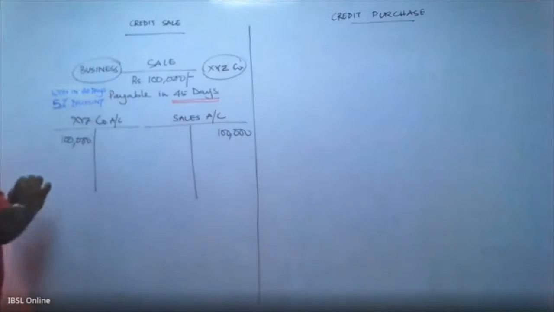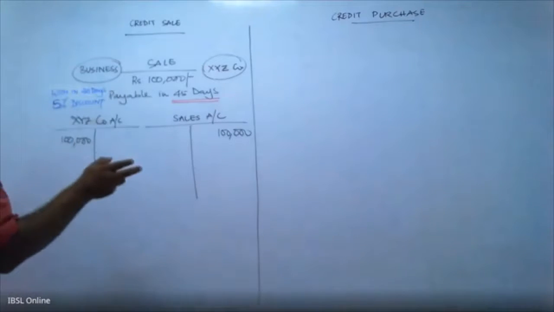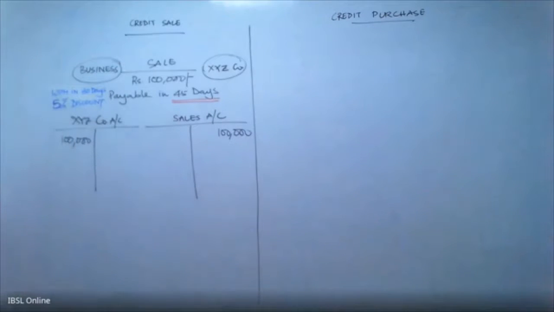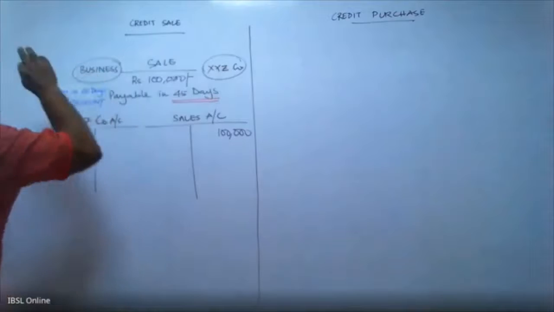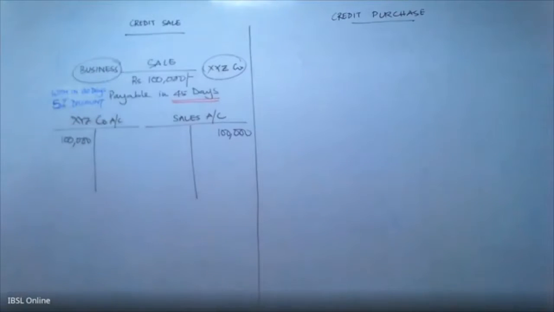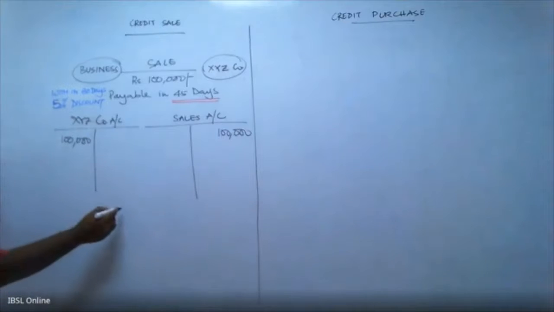You can pay only 95,000. 5% discount means 5,000. So let's assume on the 29th day, this company comes and pays.